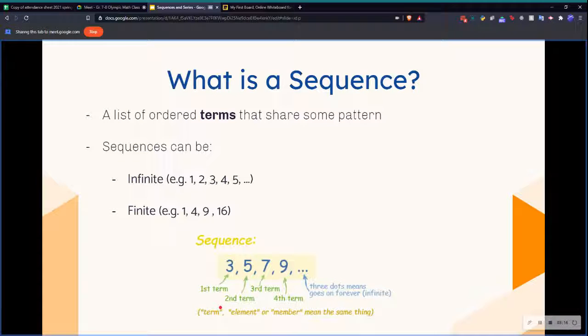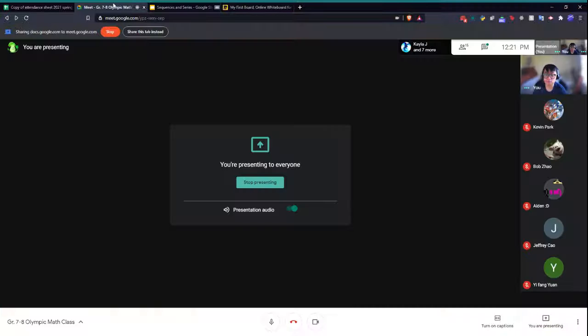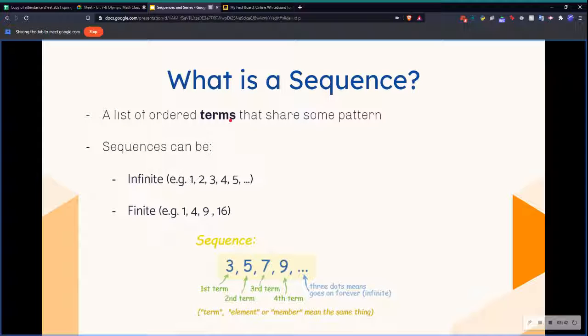Every number in a sequence is called a term, but you can also call them elements or members. We'll use term for today's lesson. Are there any questions about this before we move on? Hopefully that was a straightforward definition.